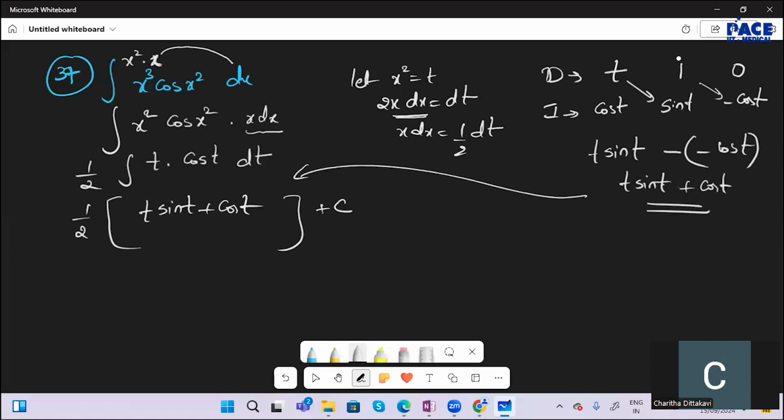Now resubstituting back your t is most important. Which I need not do, but you have to do it for every step, every question you need to complete it. So t is nothing but x square, sin x square plus cos x square plus c will be your final answer for the question.